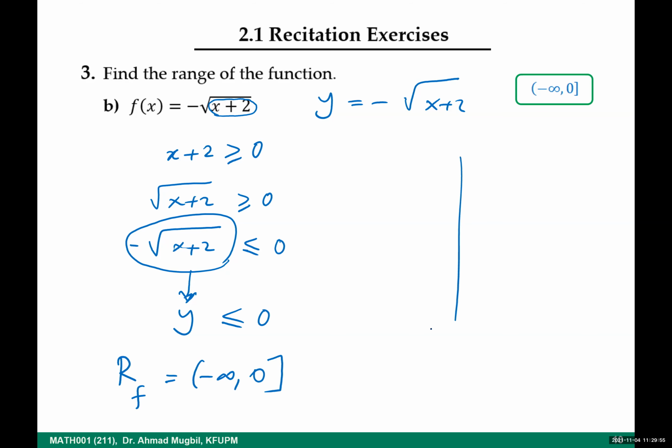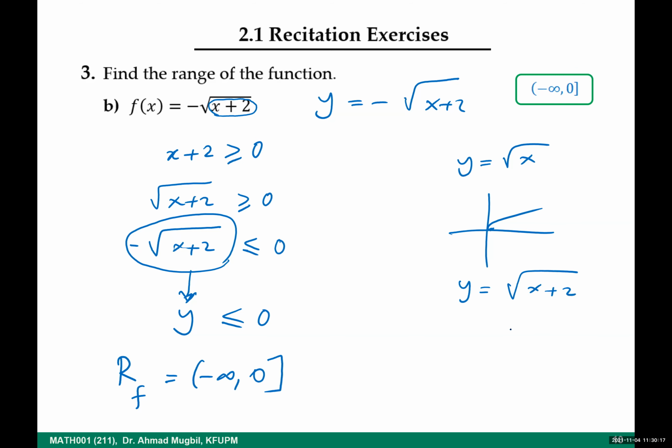If you sketch the graph, for those who are interested in the graph right now, we can delay that to section 2.6. In fact, you need to sketch the graph of many functions here. You will start with the square root of x. Here it is. Then you will shift it to the left. Don't worry, you will learn how to do that next week.